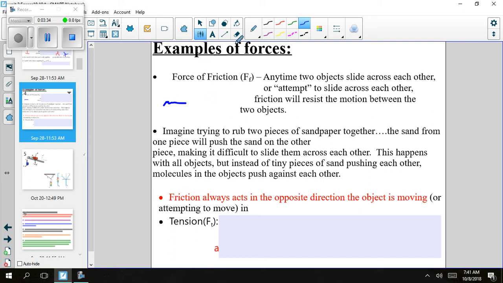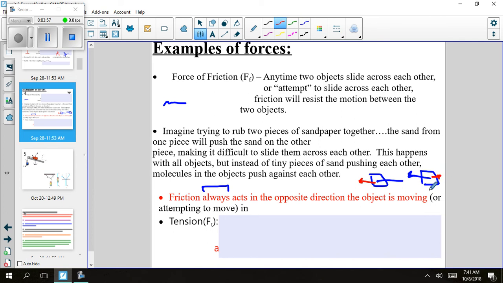But the good thing to remember with this is friction always acts opposite in the direction the object is moving. So if the object is moving this way, then friction is going that way. If the object is moving this way, well then friction is going that way.